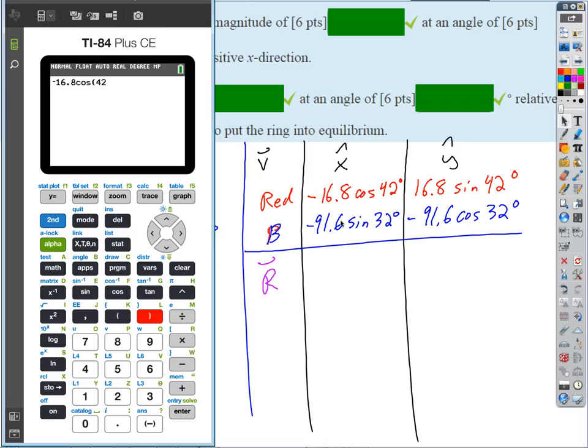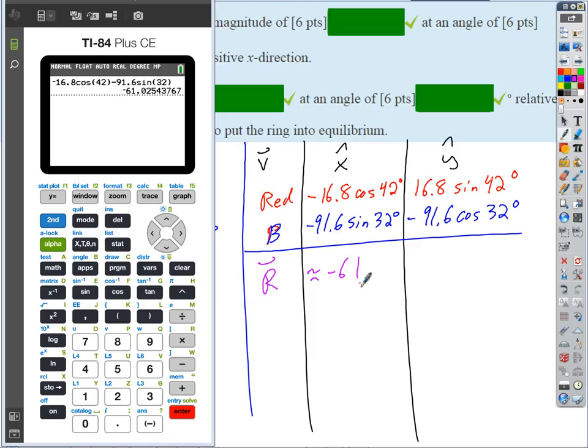We're doing the x column, right? Minus 91.6 sine 32 gives us that number. It's roughly equal to negative 61.